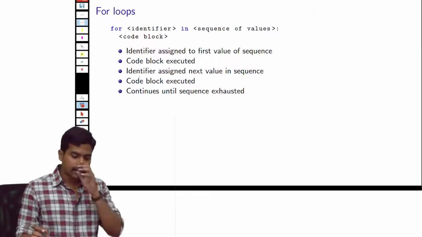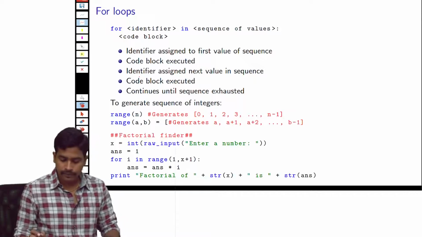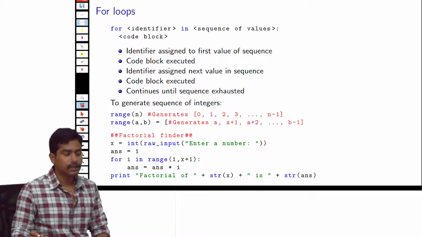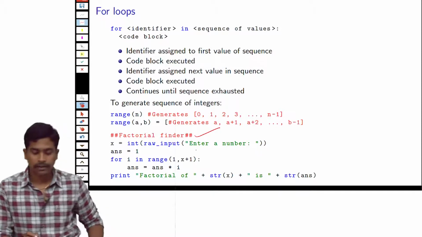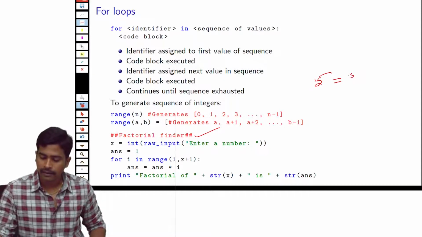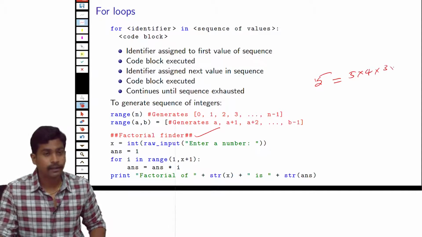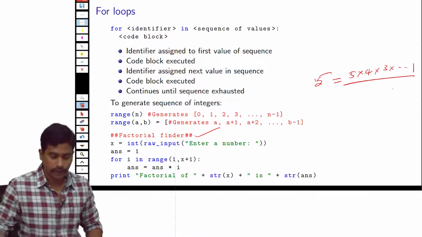To see this, I will show an example. The example that we are seeing is to find the factorial. Factorial of a number 5 is given by 5 into 4 into 3 and so on until 1. This is how you calculate a factorial.